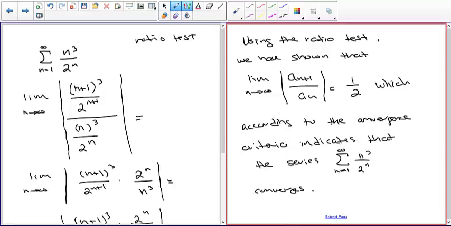Okay, using the ratio test, we have shown that the limit as n goes to infinity of a sub n plus 1 over a sub n is equal to half, which according to the convergence criteria indicates that the series converges.